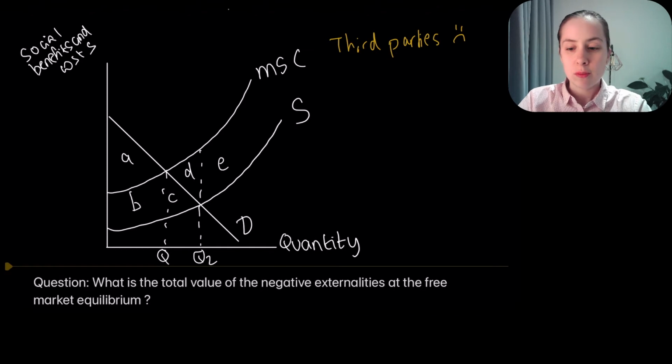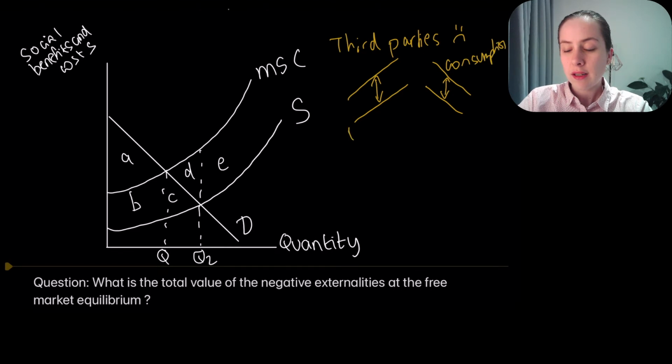Now we know that can come from the consumption or the production. If you've seen the videos before, remember that the externality that each unit has is seen as the gap either between your supply curves, if it's a production externality, or between your demand curves, if it's a consumption externality.